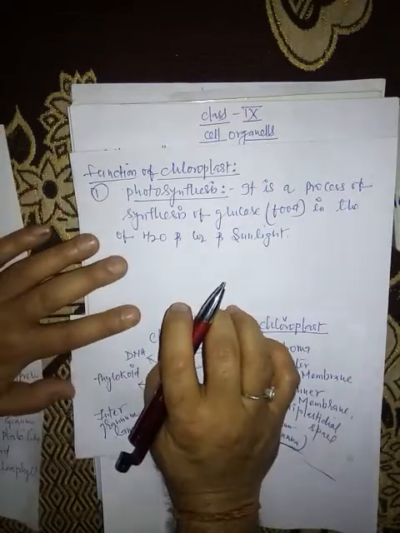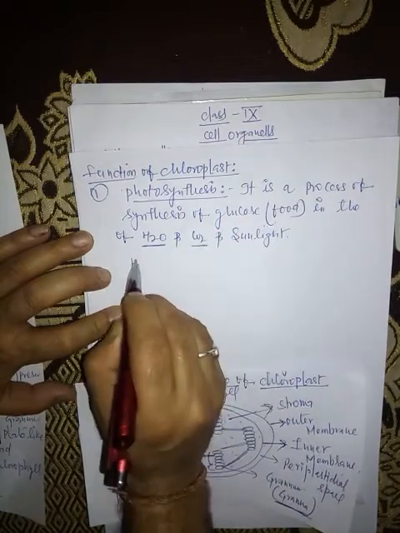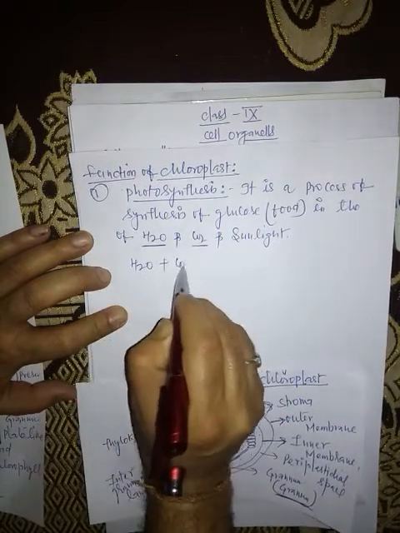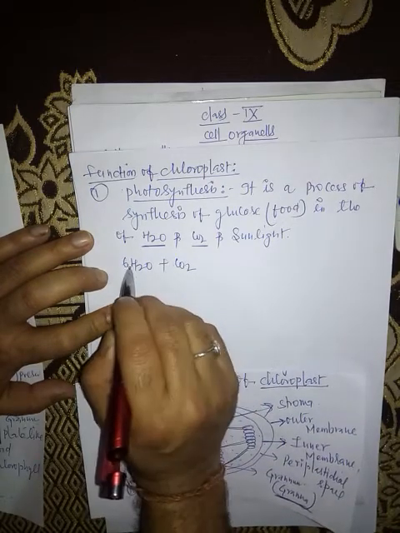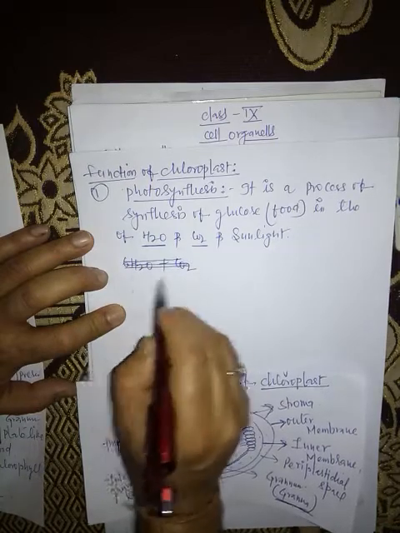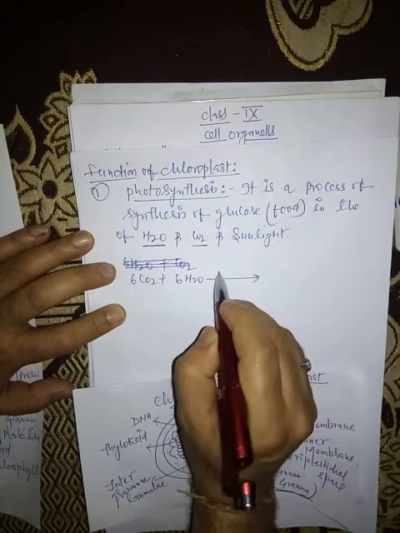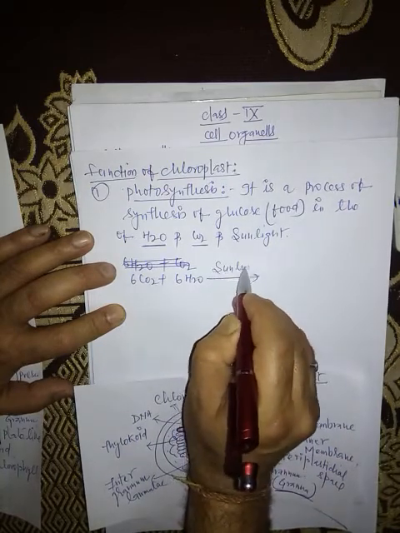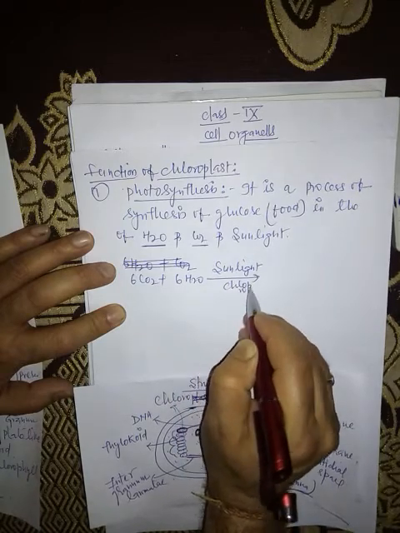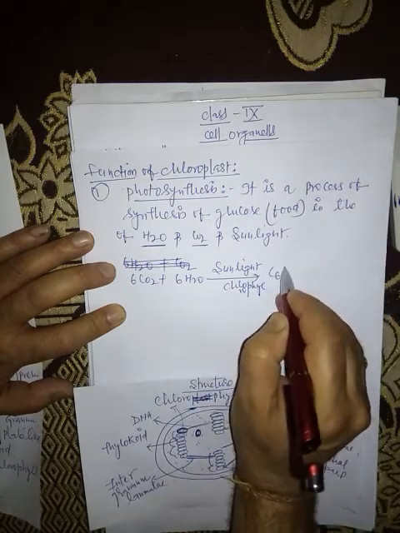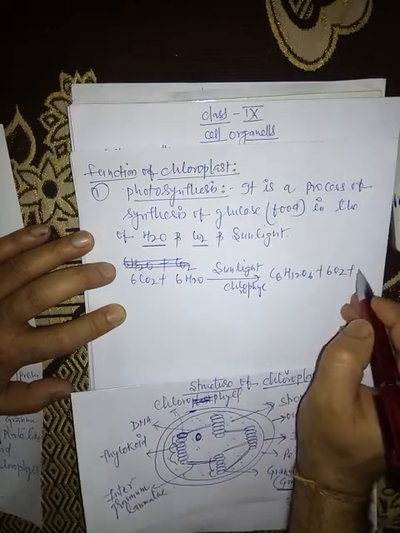It means in the presence of water and CO2: 6CO2 plus 6H2O, with sunlight and chlorophyll, gives C6H12O6 plus 6O2.